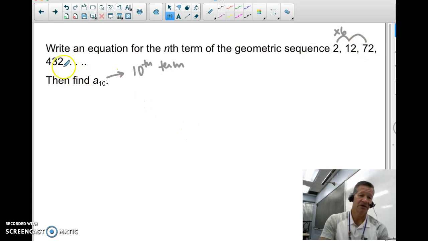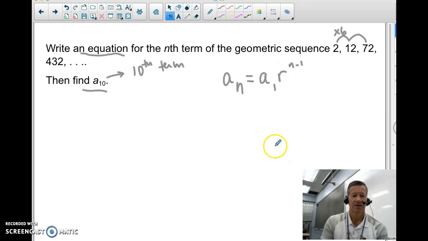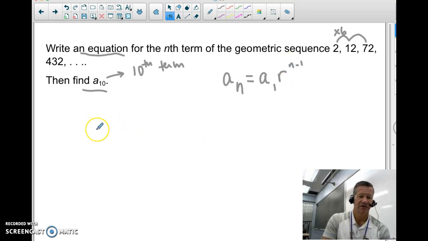Now, you could continue to take your calculator and keep multiplying by 6, but that's not how they want us to do this. They want us to write an equation and use that equation to find the 10th term. Well, recall on the previous page, you learned that I can find any term of a geometric sequence if I simply start with the first term and then keep multiplying by whatever the ratio is to the n minus 1 power. So here's how this is going to look.